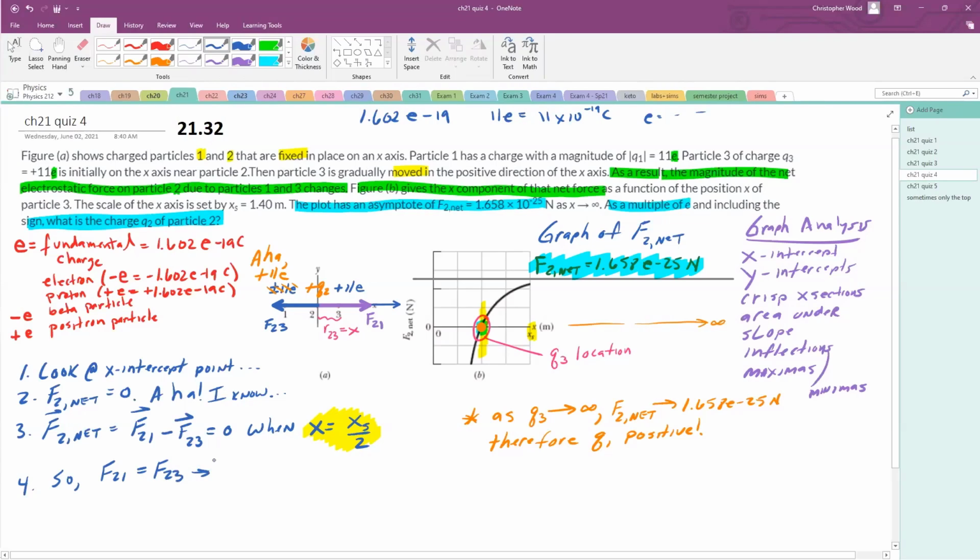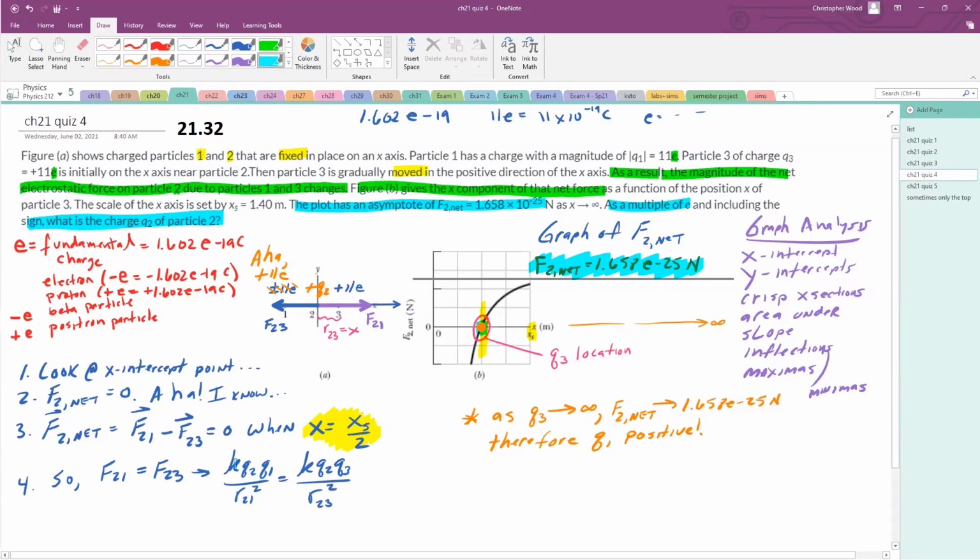So if we do Coulomb's law, follow the subscripts: this is going to be K Q2 Q1 over R21 squared equals F23, K Q2 Q3 over R23 squared.